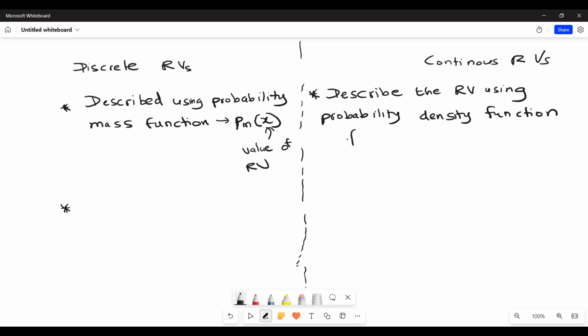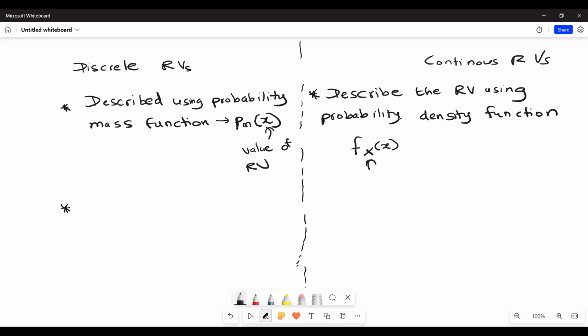We denote the probability density function using a function, simple F, capital X, and then inside we have simple X. So, capital X and then simple X.